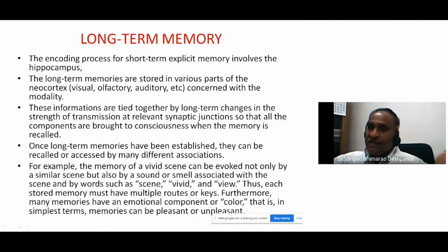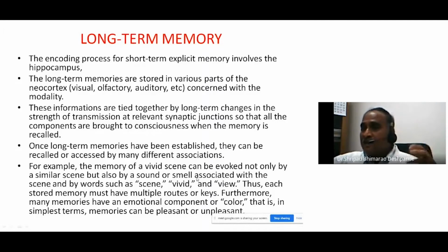So for example, the memory of a vivid scene can be evoked not only by a similar scene, but also by a sound or smell associated with the scene, and by words such as scene, vivid, view. Thus, each stored memory must have multiple route keys.